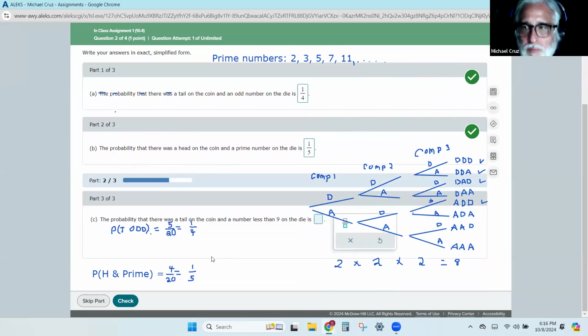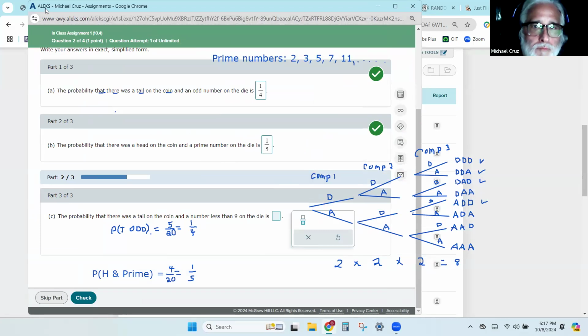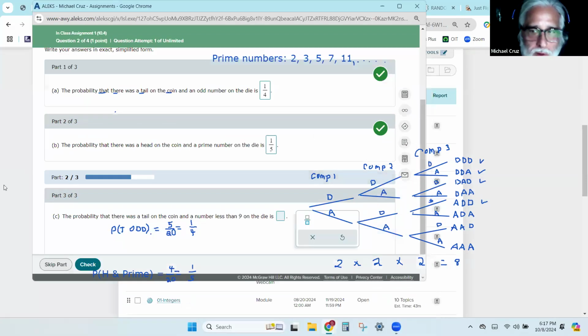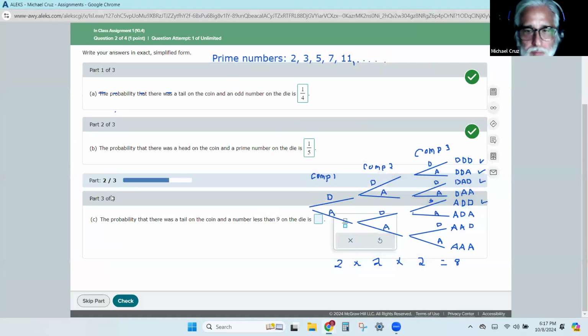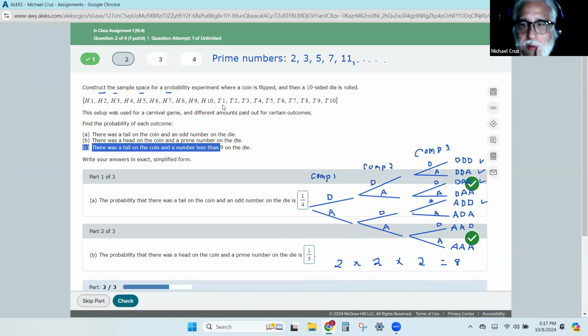And then we got a last one. All right, I don't have to erase this to fit that in. So the probability that there was a tail on the coin, so it's going to be on this side. And the number, well, let's just use this one. Tail on the coin, so it's over here. And the number less than 9. So that would be this one, this one, this one, this one, this one, this one, this one, and this one.